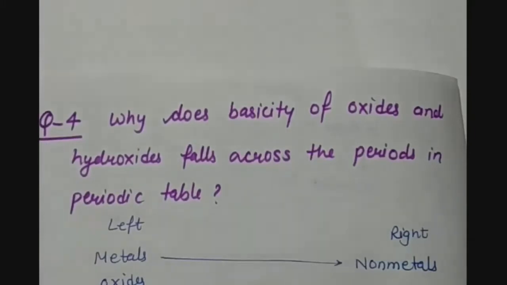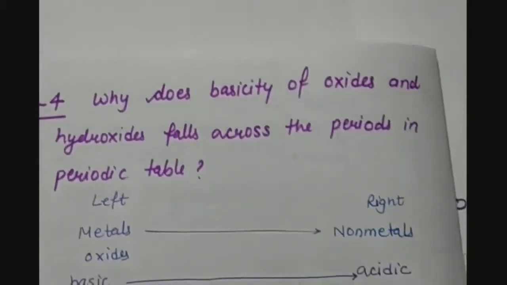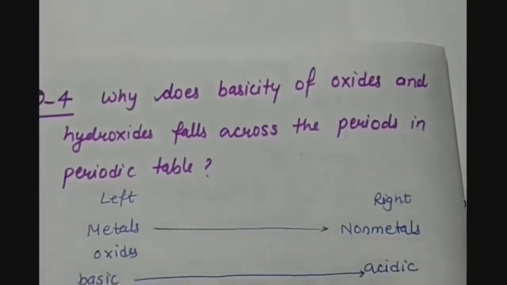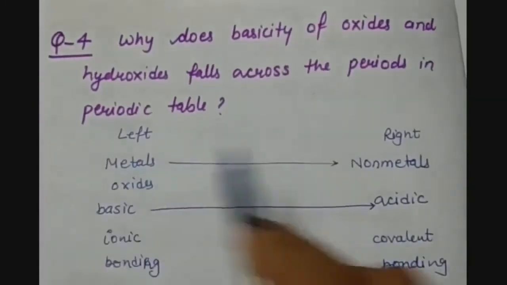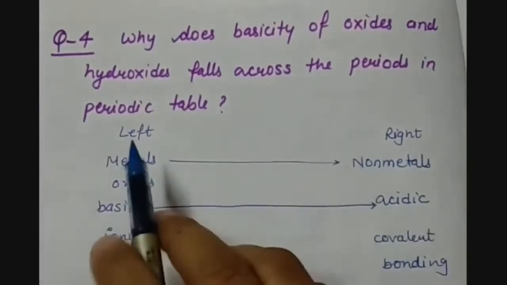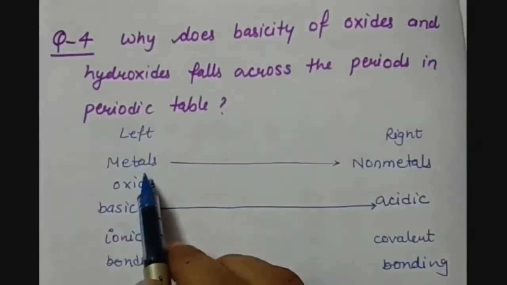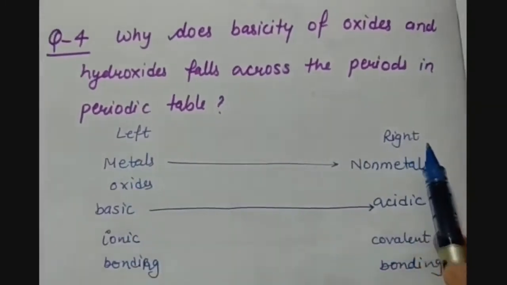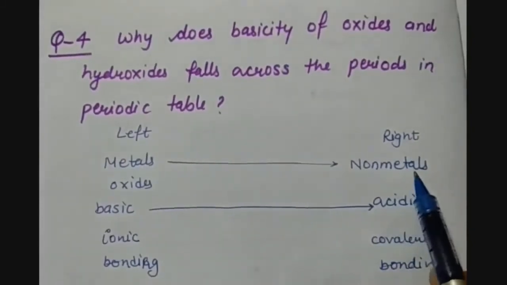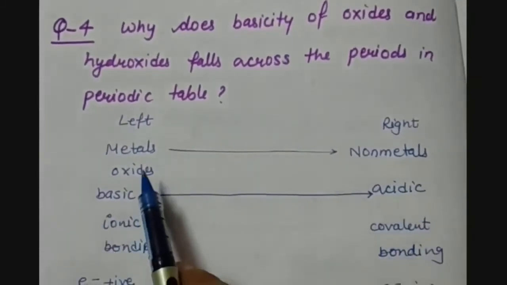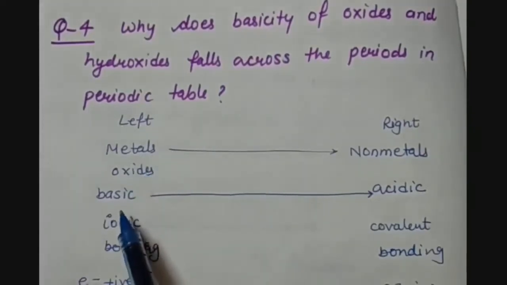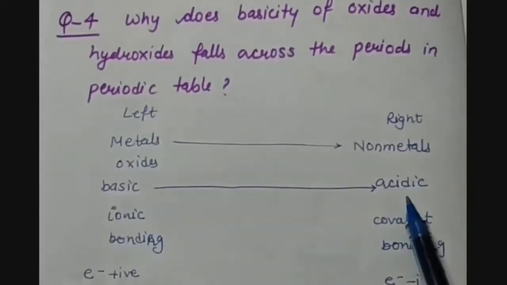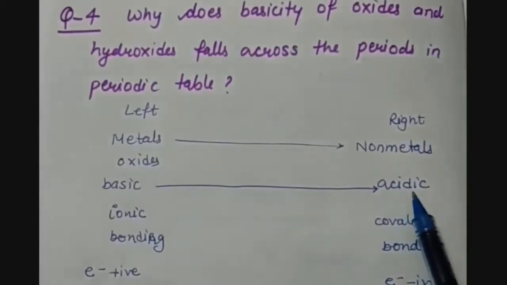So just try to understand with the help of the basic concepts that you know that when we go from left to right, on the left hand side we have metals and on the right hand side of the periodic table we have non-metals. And we have seen that metal oxides are basic in nature and non-metal oxides are acidic in nature.